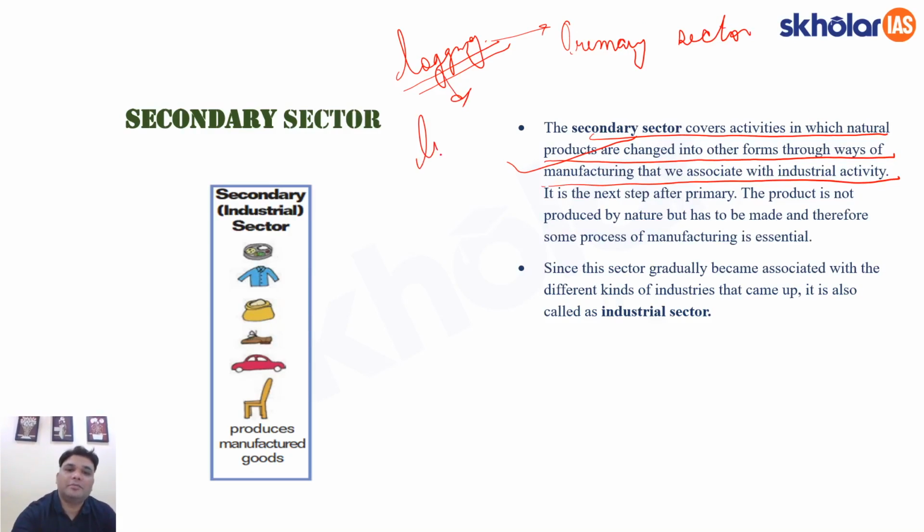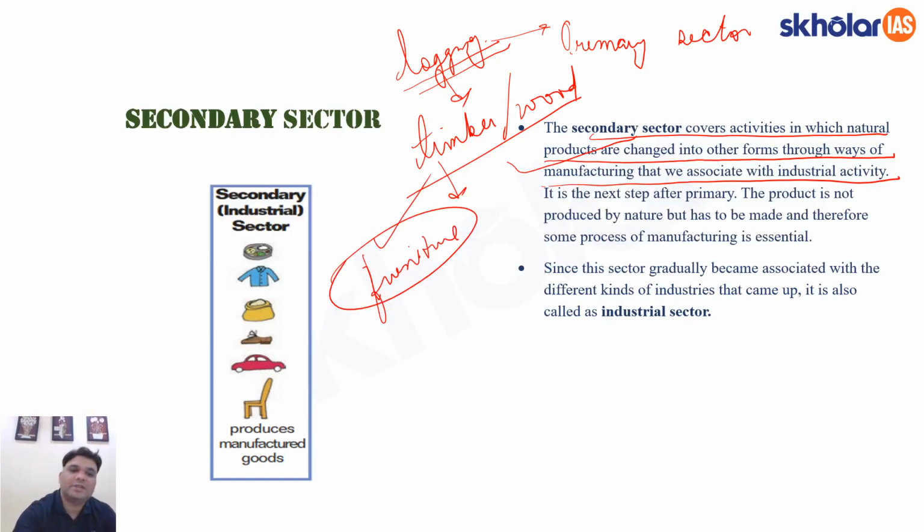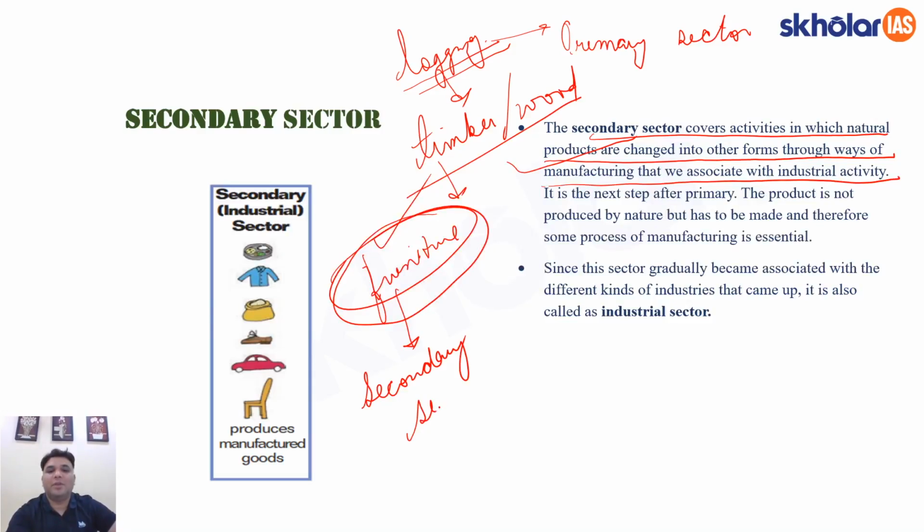We get timber, we get wood, और इस टिम्बर या वुड से what can we make? We can make furniture, right? हमारे घर का जो फर्नीचर होता है उसे हम बना सकते हैं. इसके अलावा timber and wood are used for making various other products also. But let's take an example of furniture. Now ये जो फर्नीचर बन रहा है, this will be a part of the secondary sector. Okay, this will be classified as a secondary sector activity, right?